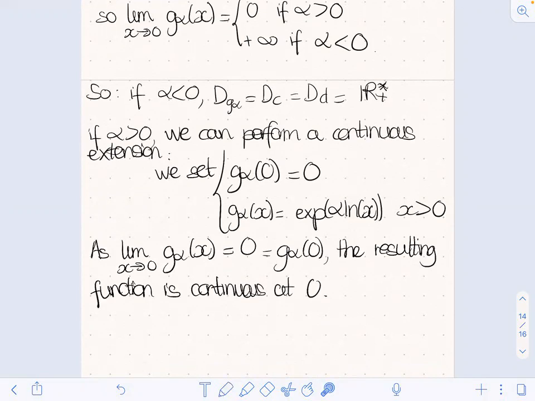And we extend the function by adding the limit point to the edge of the function, despite the fact that with the initial expression, it doesn't seem quite possible. So what we get from this is that the definition domain of G alpha is equal to the continuity domain, and that's equal to R plus.